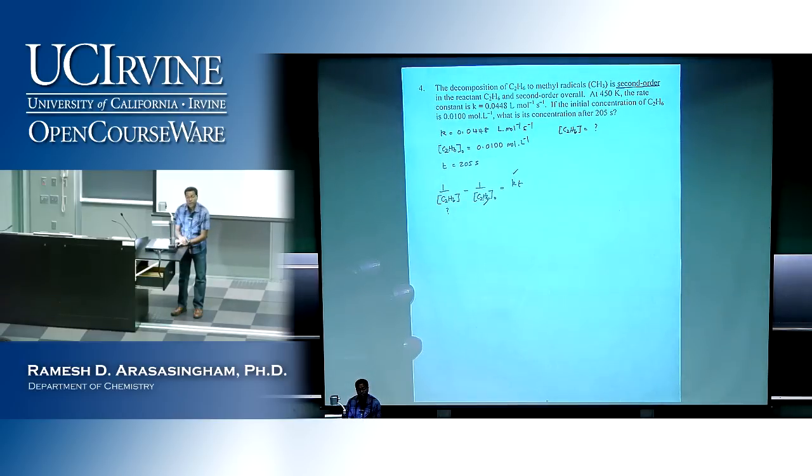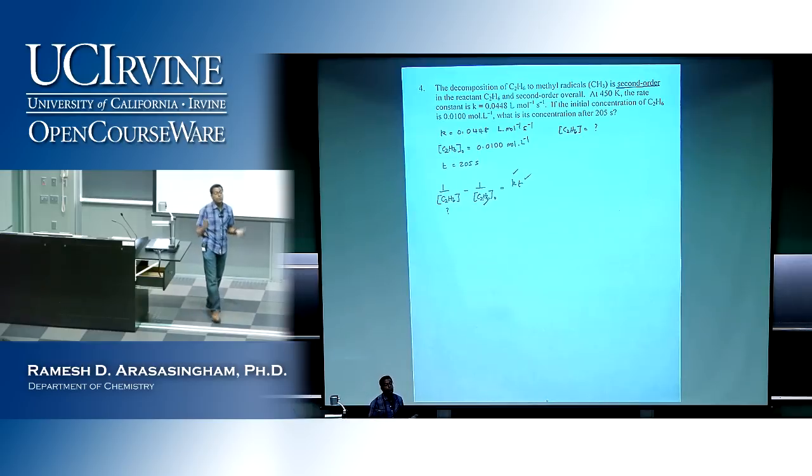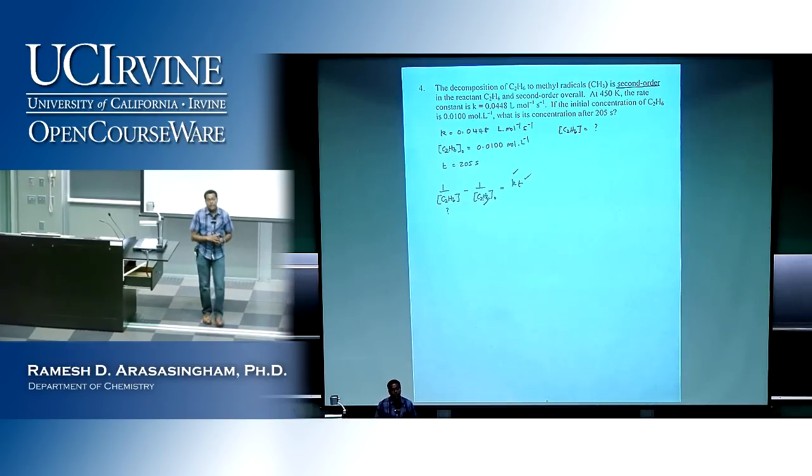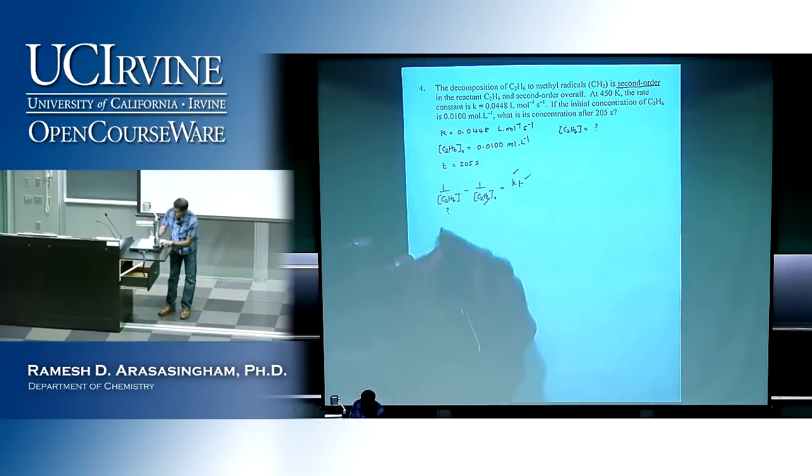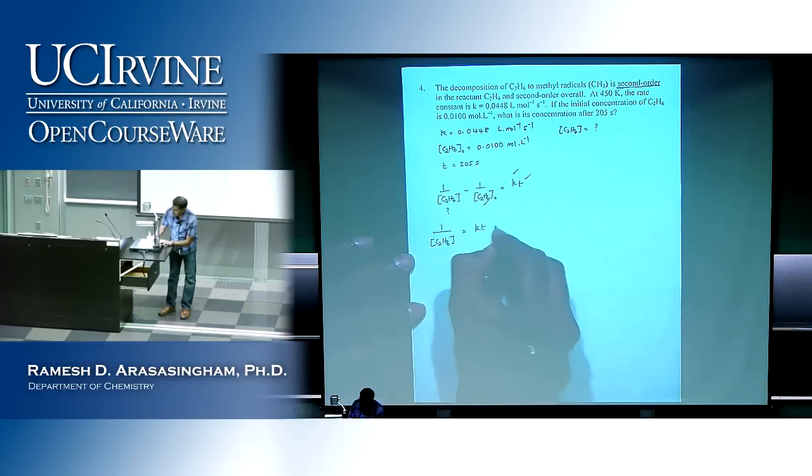They're giving us what k is. They're giving us what time is. So this is just knowing the appropriate equation and applying it. So I'm going to put the unknown on one side and take everything else to the other side. So this would be 1 over C2H6 equals kt plus 1 over the original concentration.